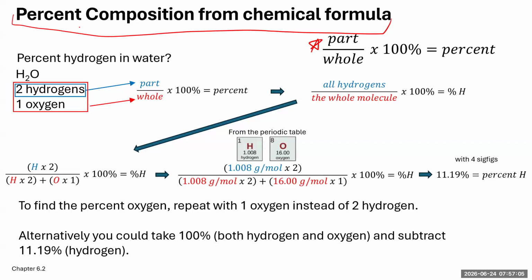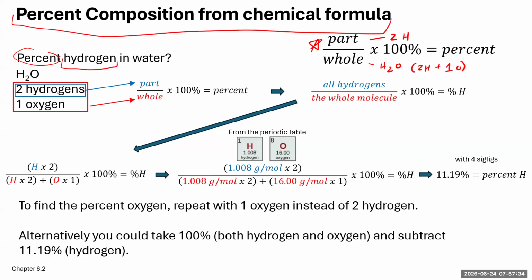This one, we're going to look at percent hydrogen in water. So as soon as you see percent, okay, percent equation, hydrogen in water. What does that mean, right? So the whole thing is going to be the water, H2O. Here, it's just 2 H's, right? On the bottom, it's 2 H's plus 1 oxygen.